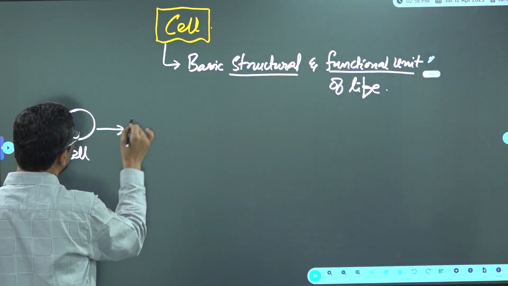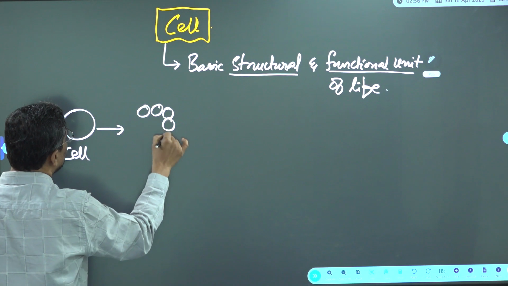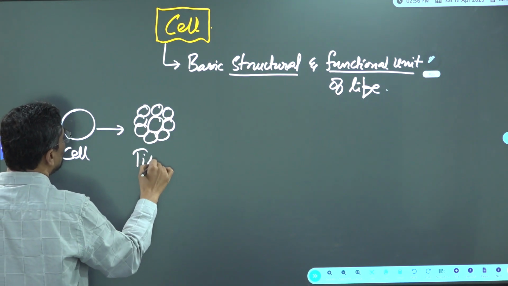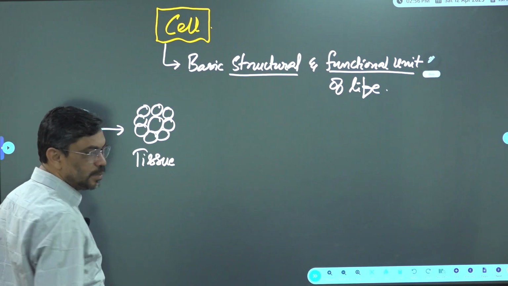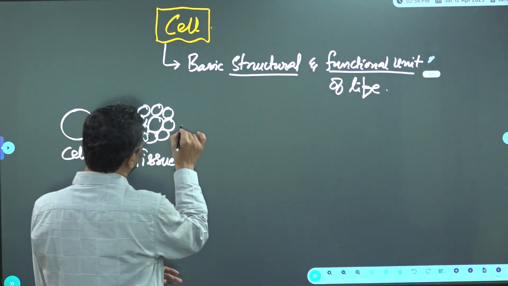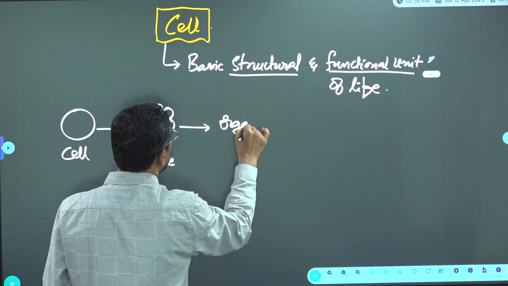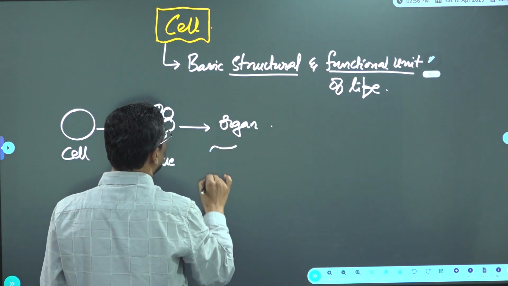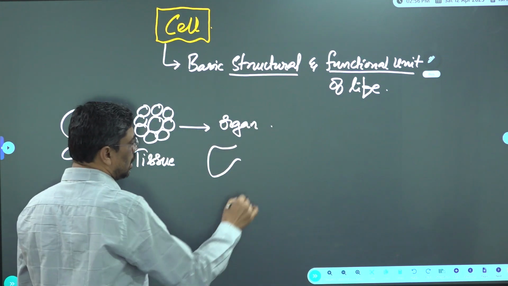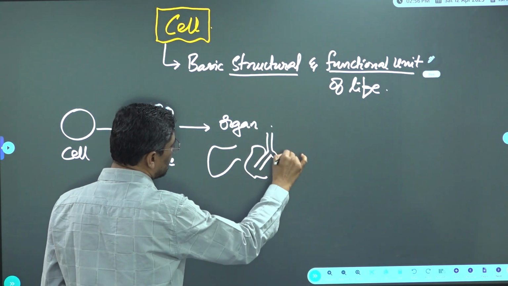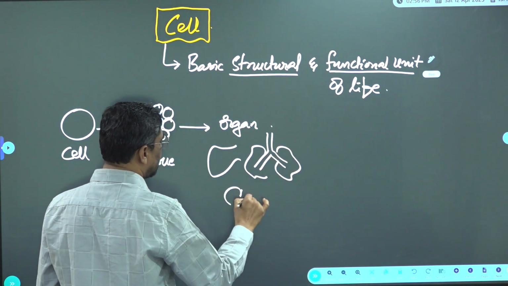Similar types of cells together form a group. That group we call a tissue. And the same type of tissues forms an organ. For example, liver is an organ. Lungs are organs.